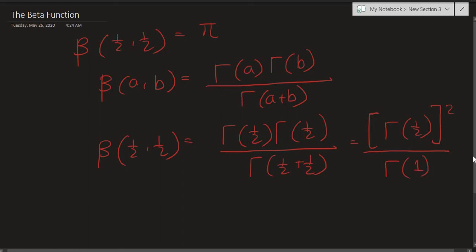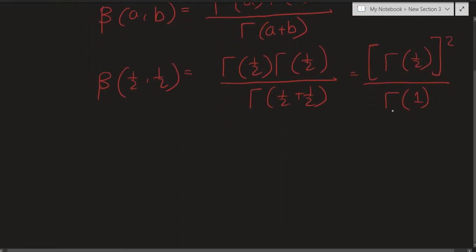And now what's gamma of 1? Notice for positive integers we have the formula n factorial equals gamma of n plus 1. To obtain gamma of 1 we need n equals 0. So 0 factorial equals gamma of 1, and we know that 0 factorial is 1.